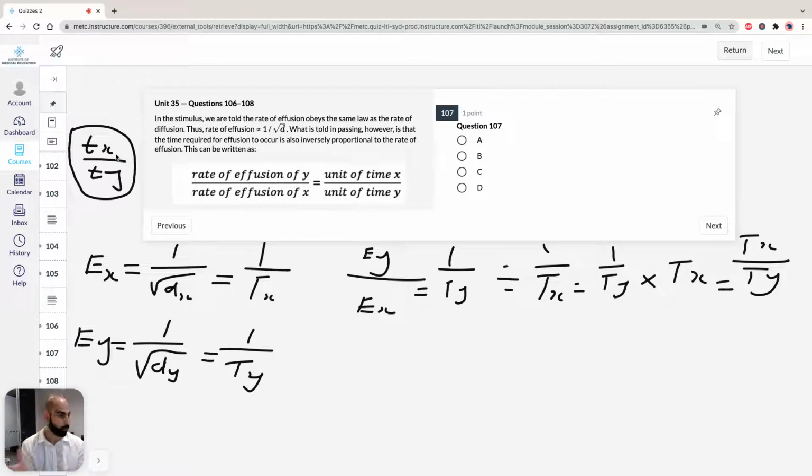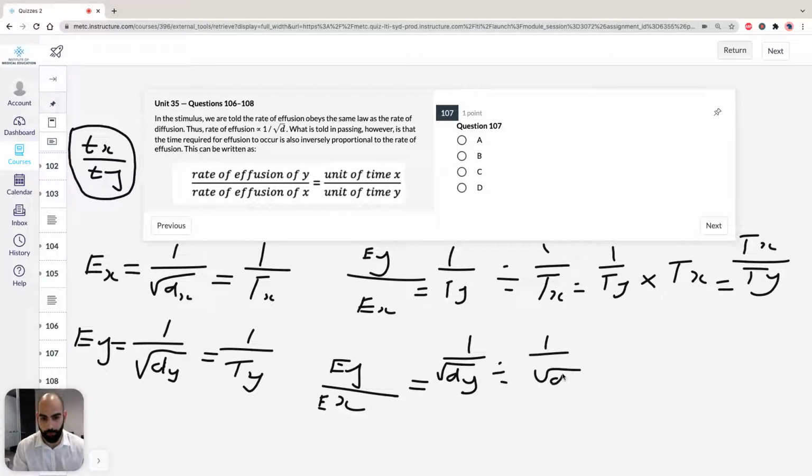But what we're looking for is the densities. What's it going to be in terms of the densities of the gases? It's the same principle. EY over EX equals 1 over the square root of dy, divided by 1 over the square root of dx.